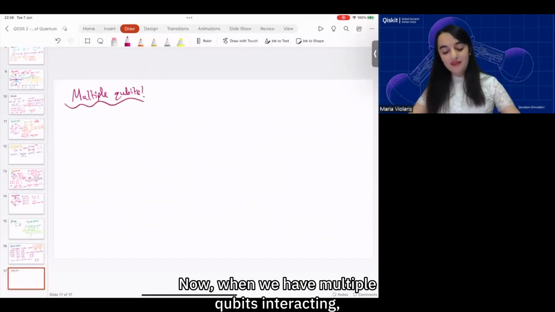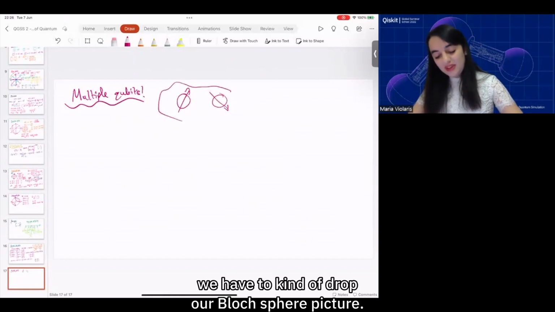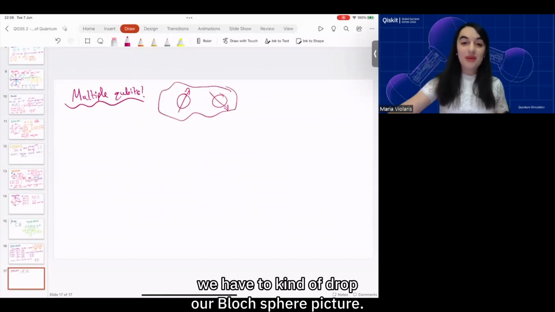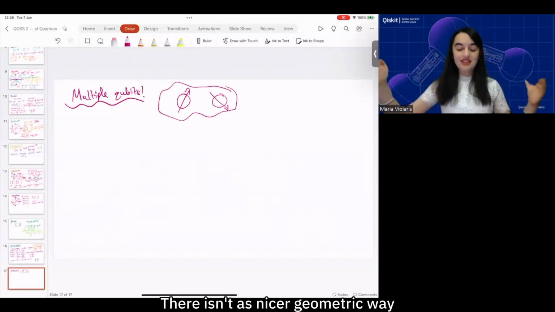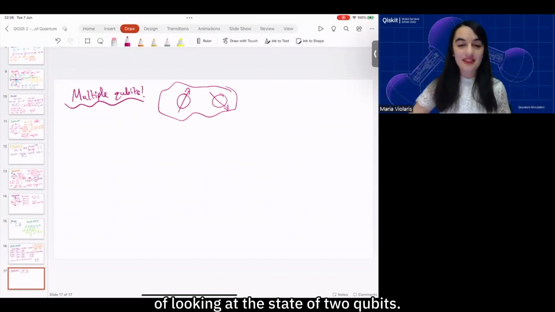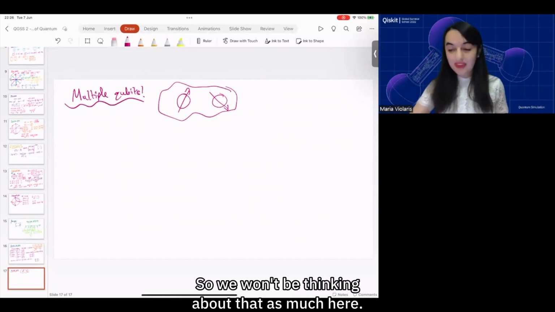Now, when we have multiple qubits interacting, we have to drop our Bloch sphere picture. There isn't as nice a geometric way of looking at the state of two qubits, so we won't be thinking about that as much here.